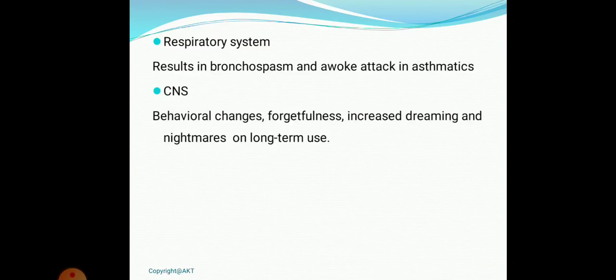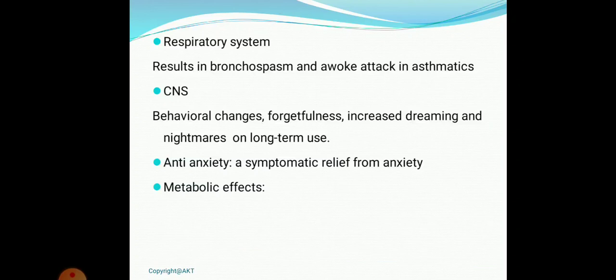CNS, some behavioral changes, forgetfulness, nightmares on long time use. It can also be useful in case of anxiety. It can give a symptomatic relief from anxiety because the symptoms of anxiety are similar to that of sympathetic overactivity, which can be reduced by using non-selective beta blocker.